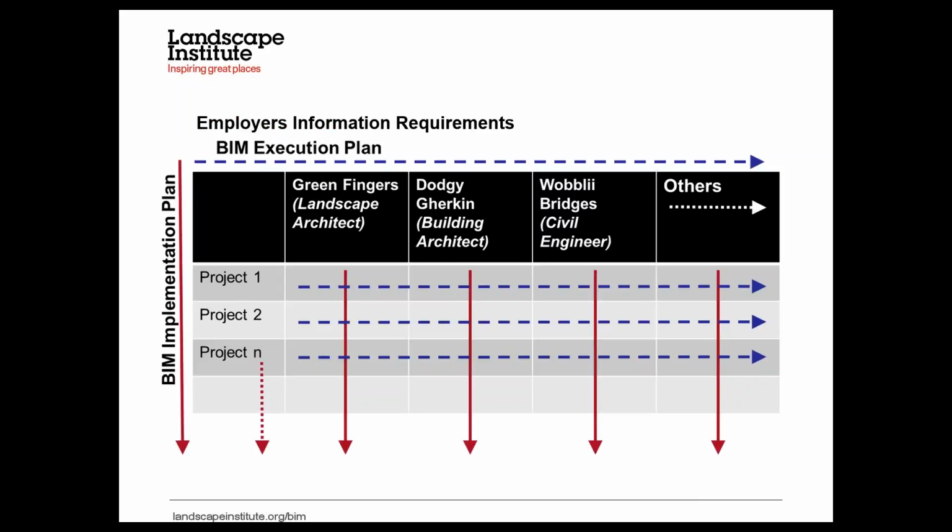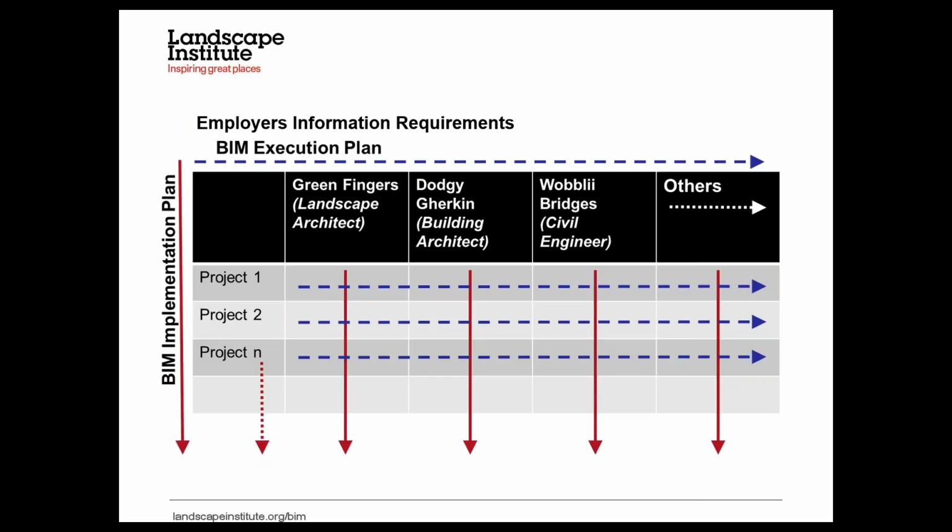And the way we sort of look at it, fundamentally, is that you've got your employer's requirement, and that generates an execution plan on a project-by-project basis. So each project will have an execution plan, and what you want to try and do with each project you engage with is move along your BIM implementation plan. So with project 1, we're going to deliver this. We're going to get to grips with our CAD standards.